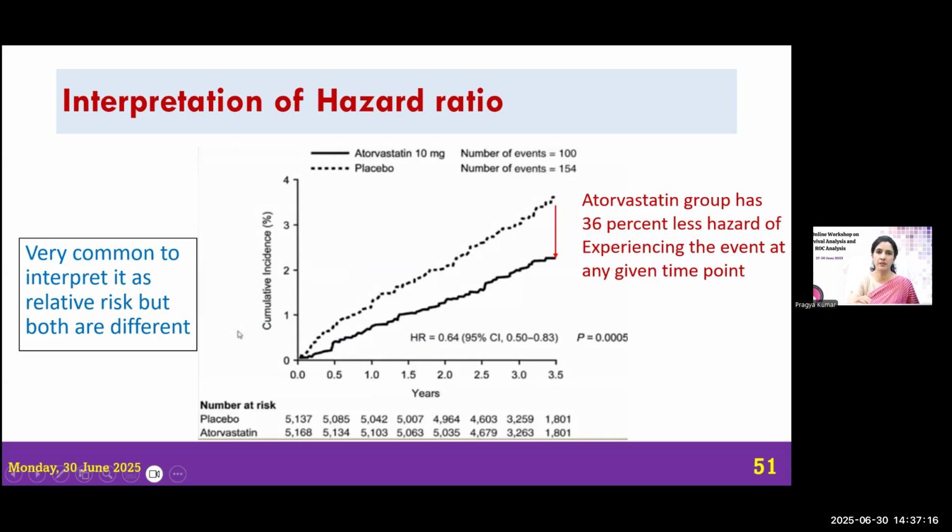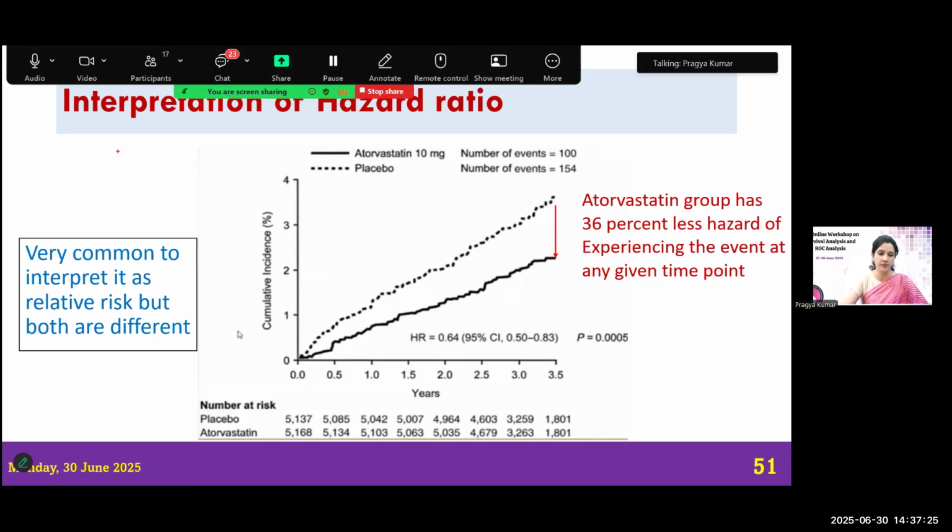Remember the survival curve. If you can recall from day 1 and day 2, we discussed that the survival curve is non-increasing. It is a step down function. It starts at 1 when everyone is surviving, and then gradually decreases.